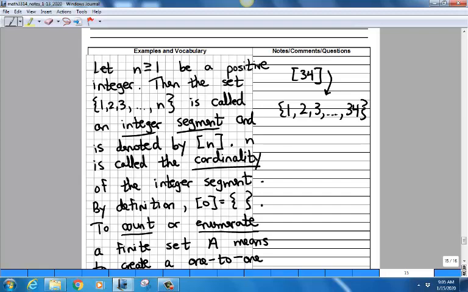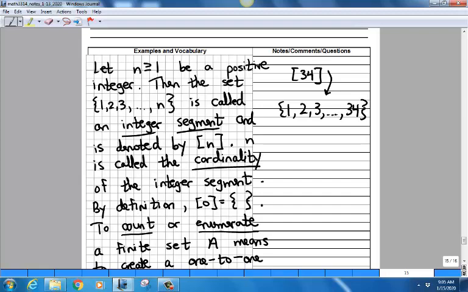But if you set up a correspondence between your set and an integer segment, not the entire set of positive integers, but an integer segment, then your given set is said to be finite. So the set of chairs in this classroom is finite, right, Eduardo, because we set up a correspondence between that set and the integer segment 34.